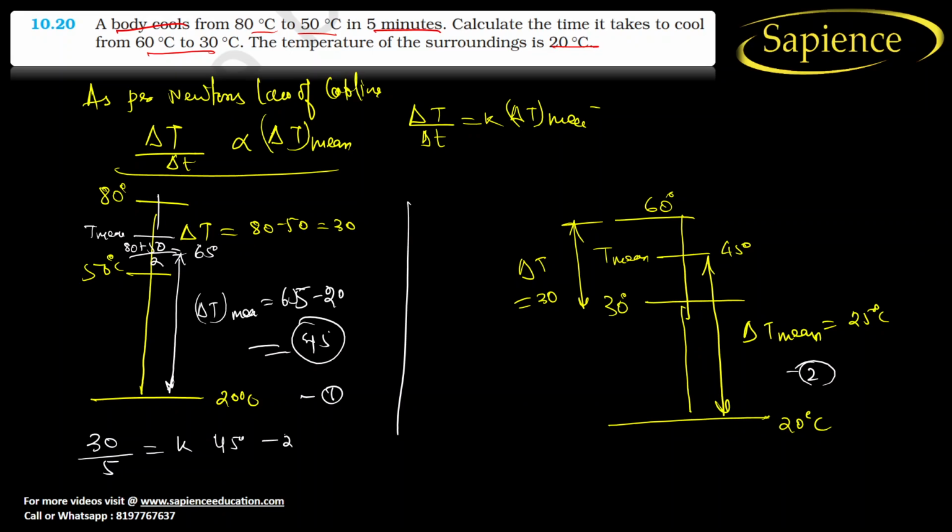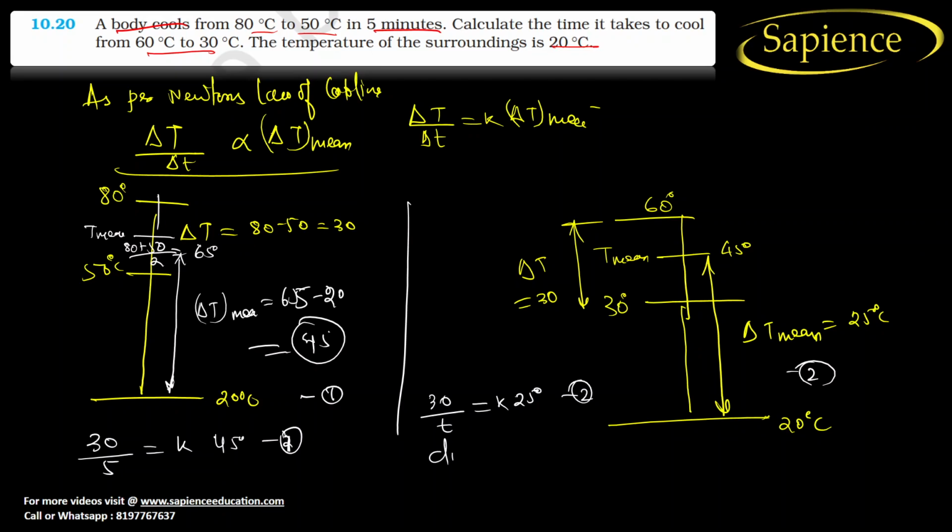This is equation 1. Now equation 2: delta T is 30 by time taken t, this is equal to k into delta T mean, which is 25 degrees Celsius. So this is equation 2.